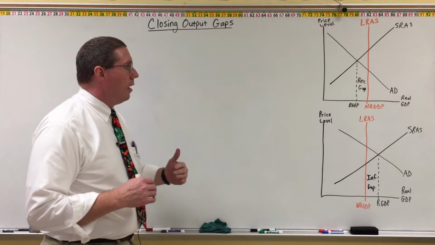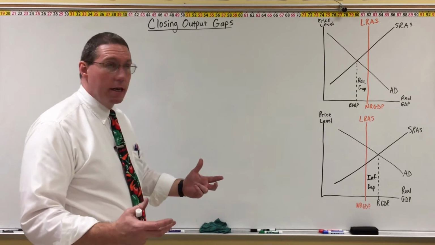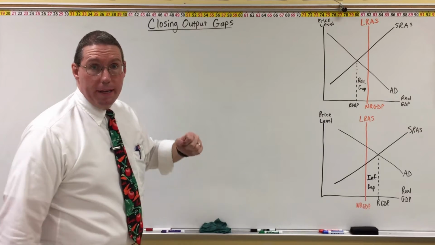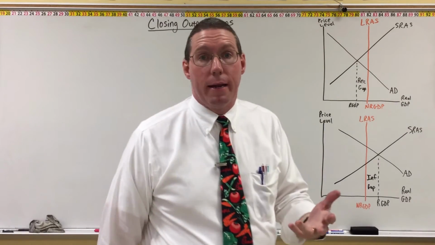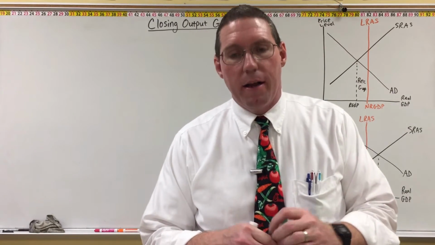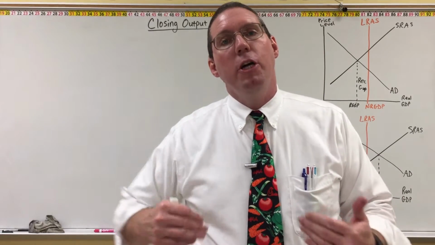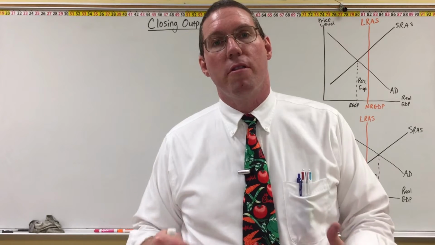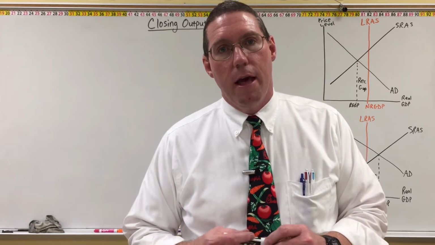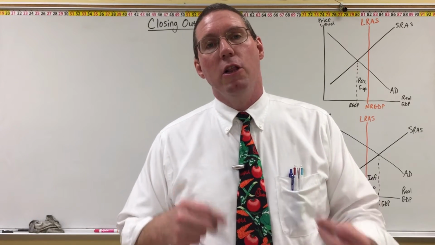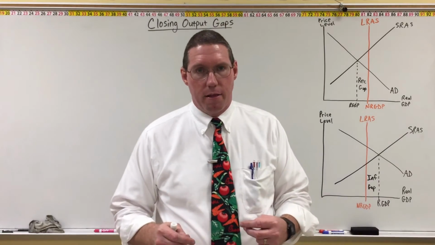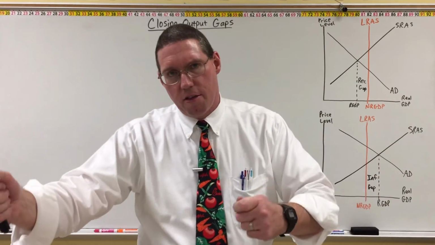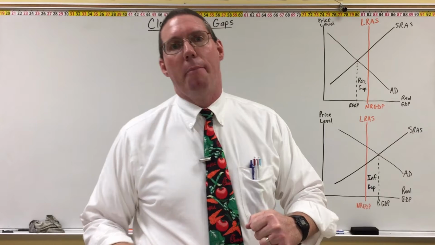And so what we want to do here is I want to help you understand how leaders in the economy close output gaps. Now, this is not an automatic thing, or it's not an exact science. I'm going to show it to you as if it's an exact science, and that's because this is a principles of macroeconomics class. I'm going to make it look like it's a perfect science, like we can just change this thing and this thing and this thing, and all of a sudden, the output gap closes.